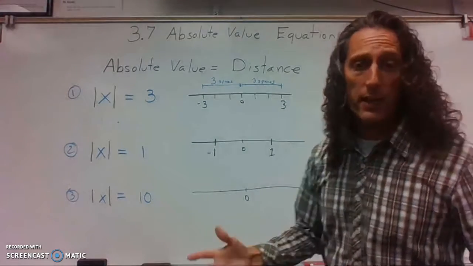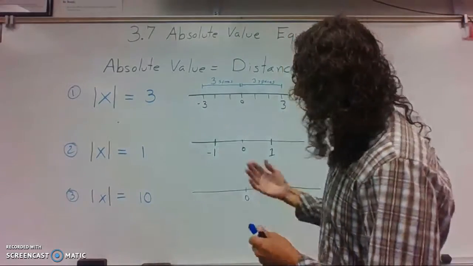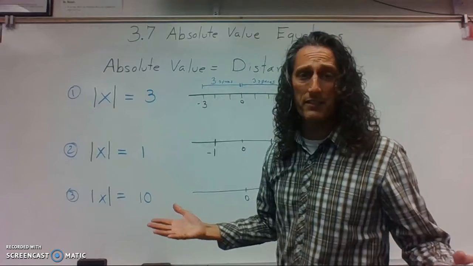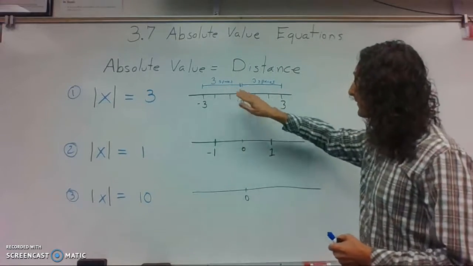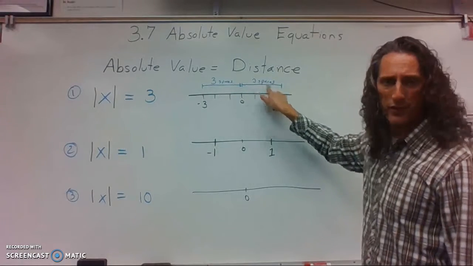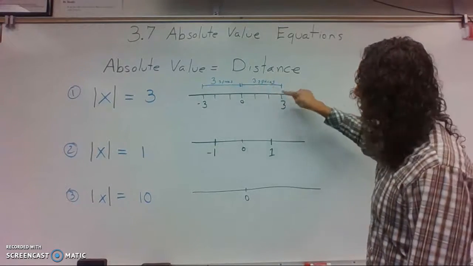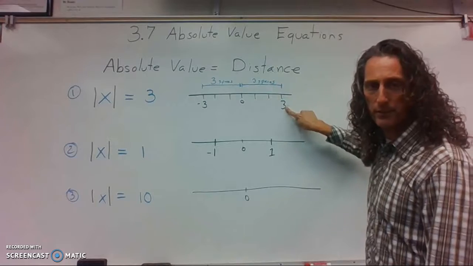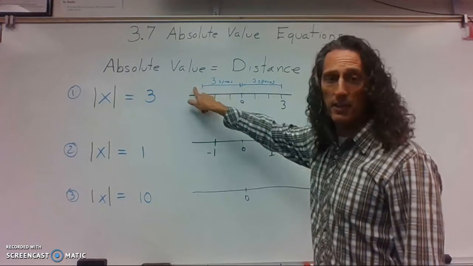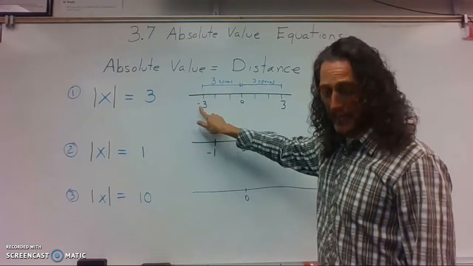All right, so now that you are ready, again, absolute value just means distance. So up here, here's 0. If I go 3 spaces, I know that's written real small, but that's all that is. It's just to show that it's 3 spaces. So you have a 3 here. And then if I go 3 spaces to the left, I would end at -3.